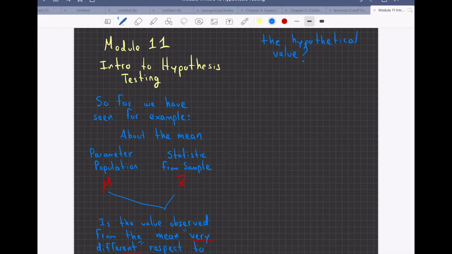To denote that something is very different, we ask: is the difference statistically significant?